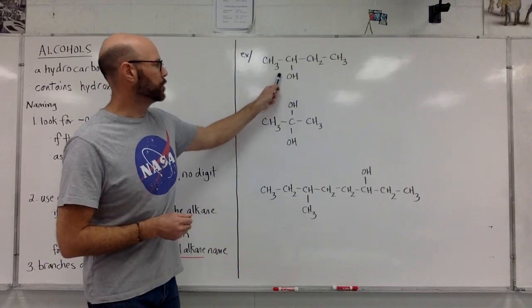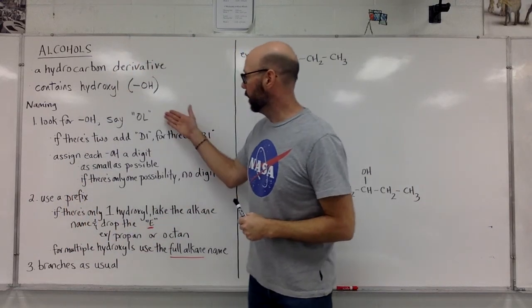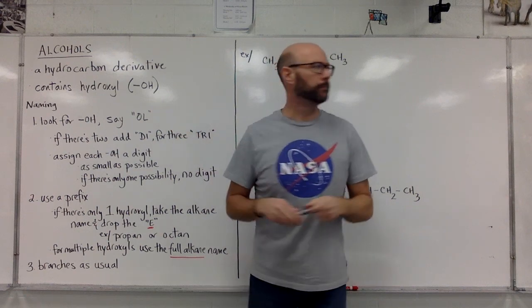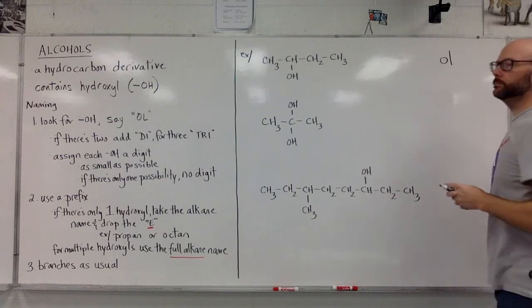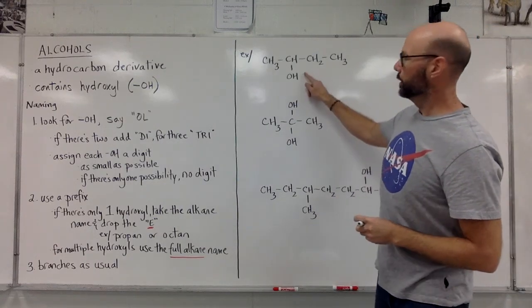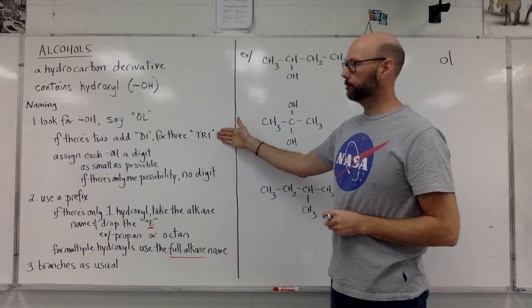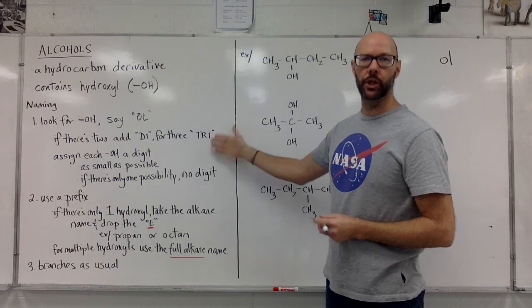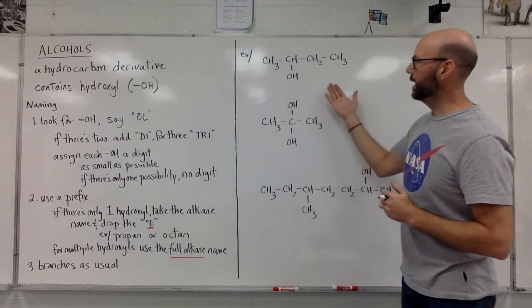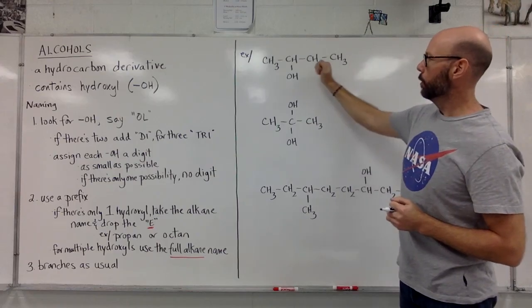There's that OH. As soon as we see that OH, then we're going to say -ol. This one only has one OH in it, so we don't need to say di or tri. Give each hydroxyl a digit. Where on the longest chain is the hydroxyl attached? If we count it from the right, we would give it a 3.